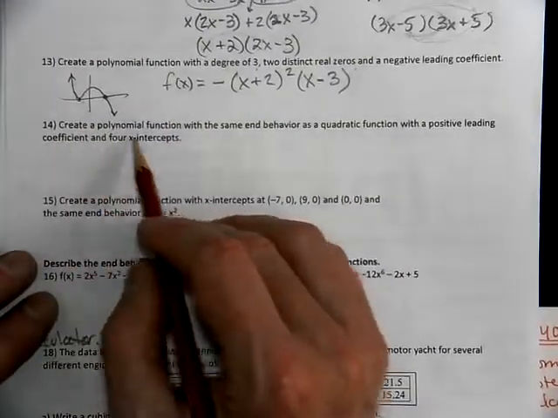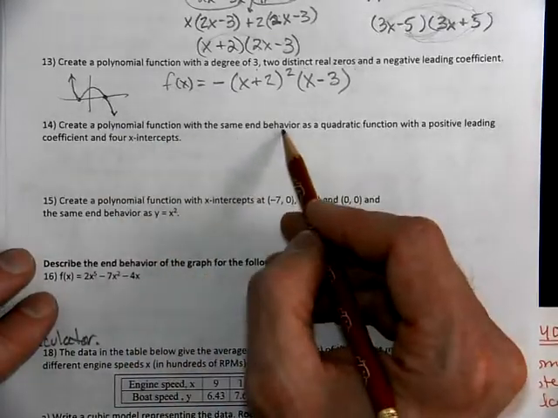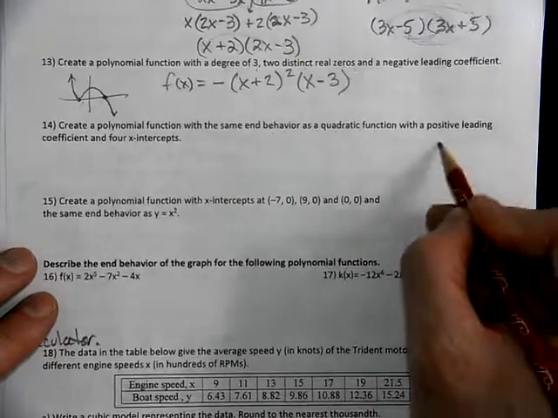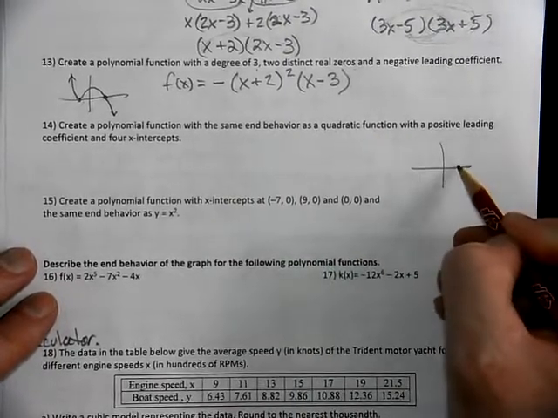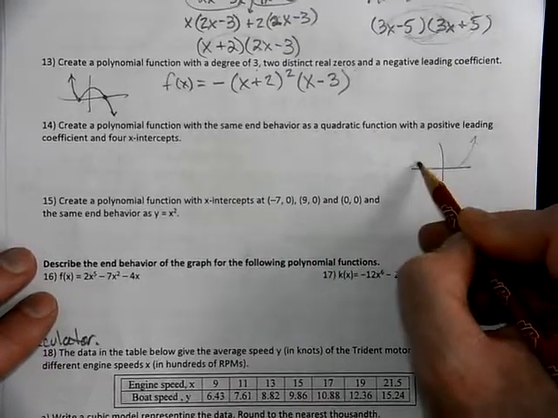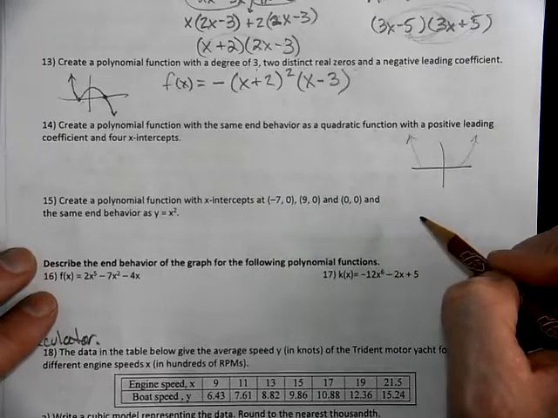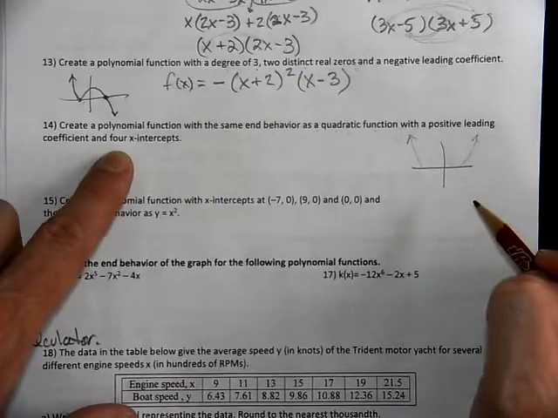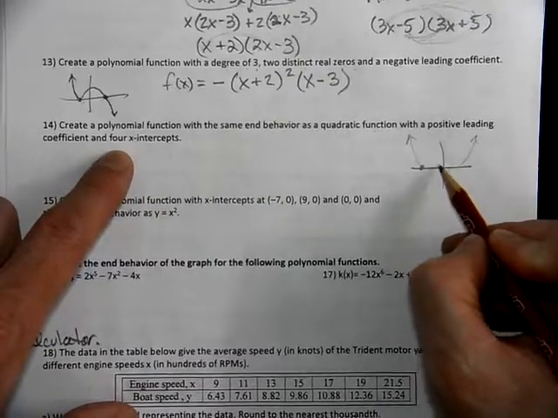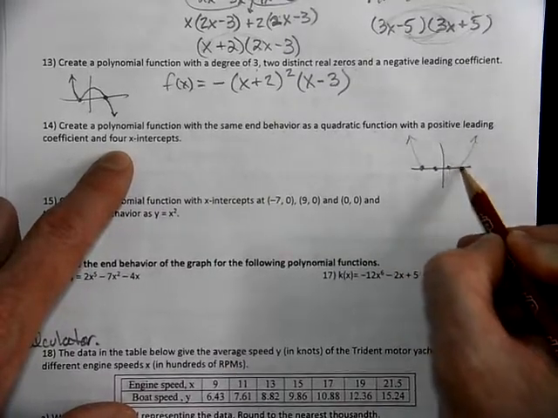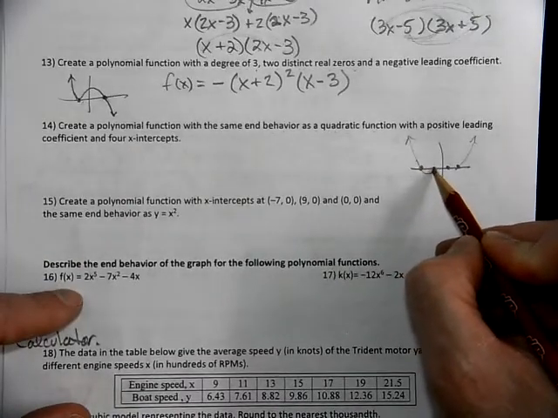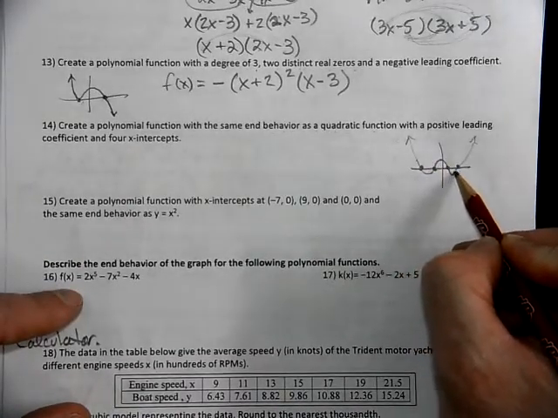Here we're going to create a polynomial function with the same end behavior as a quadratic. That means it's got to be going up, just like a quadratic would. It's going to have a positive leading coefficient, but it's going to have 4 x-intercepts. So it would come down and go through and come down and go through.